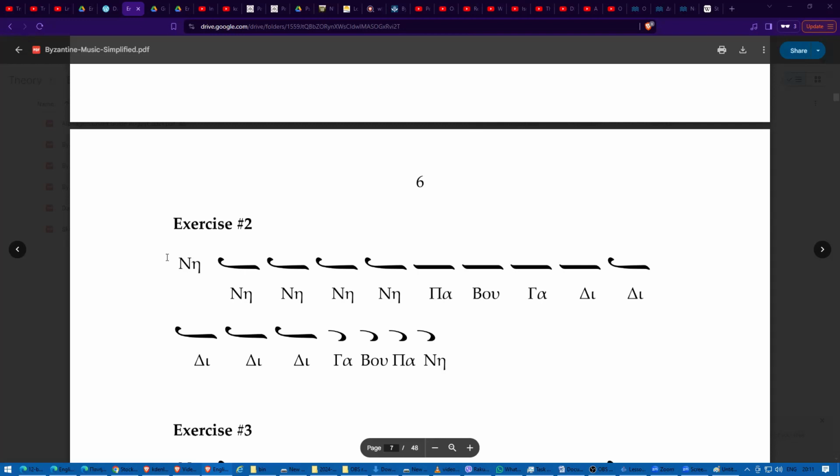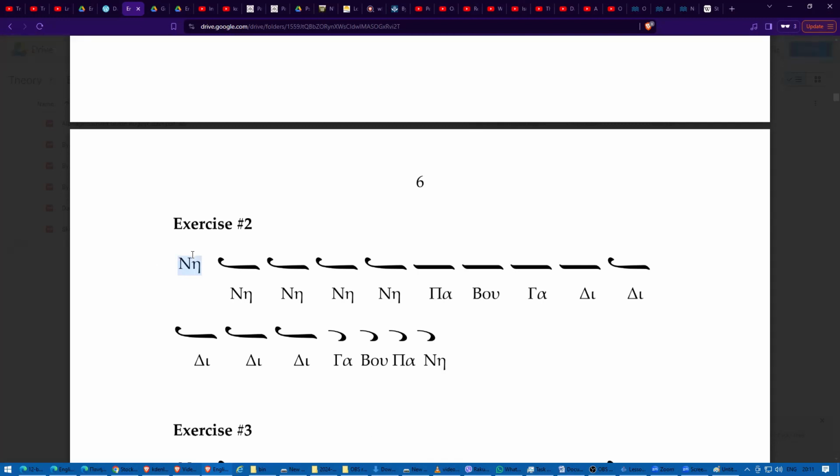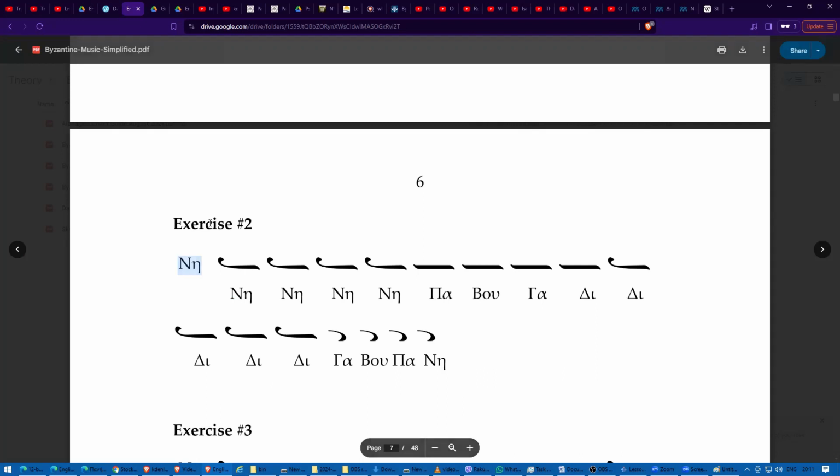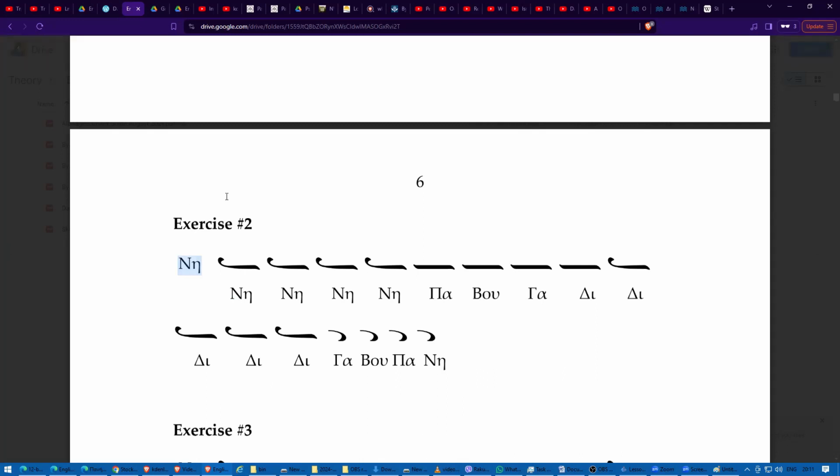We start with the ni, and I'll try to keep a stable timing here so that we can all go ni, ni, ni, etc. I'll try to do this by keeping the mouse over each note.